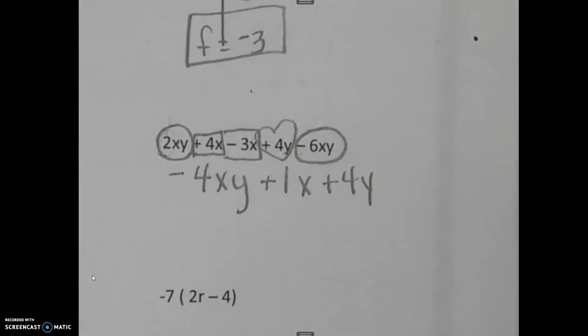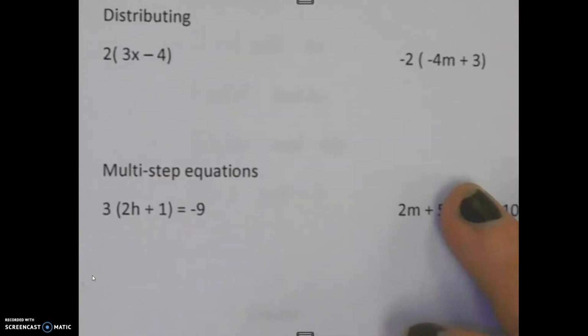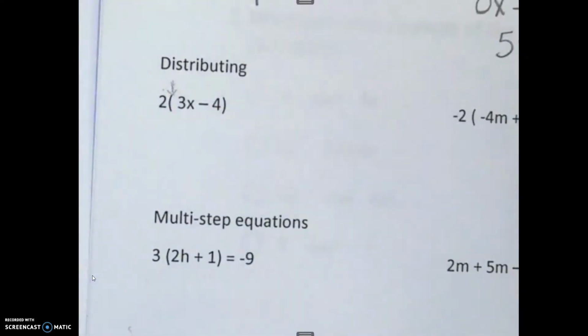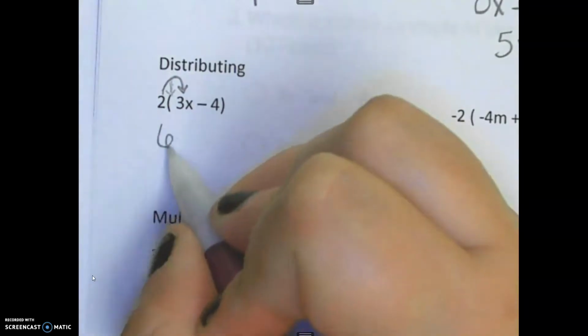Combining like terms. All right, and then we have a little bit of distributing. So distributing, this means multiplication right here, that parentheses. So I'm going to give my 2, and I'm going to multiply it times my 3x, which is 6x.